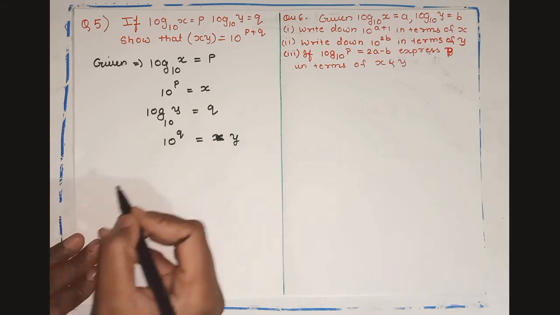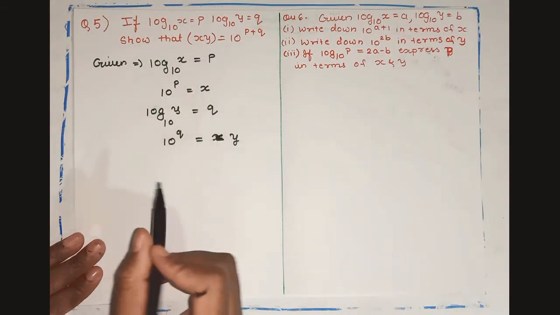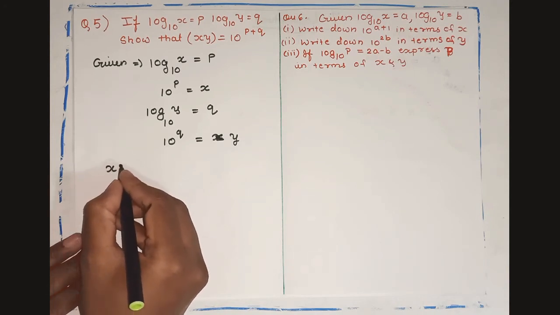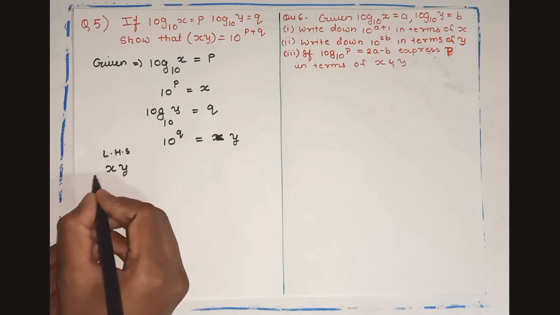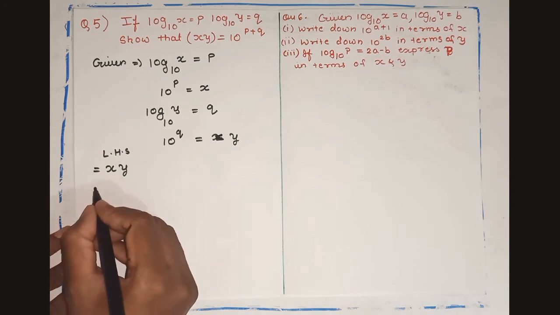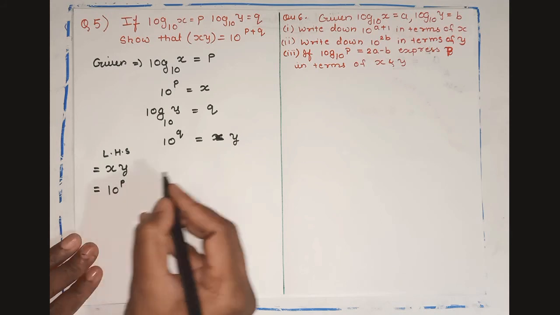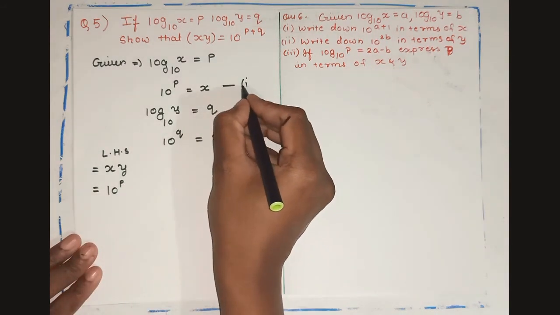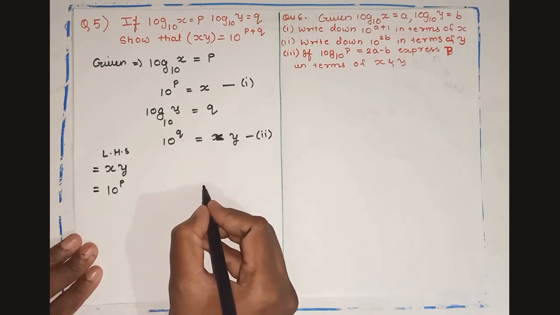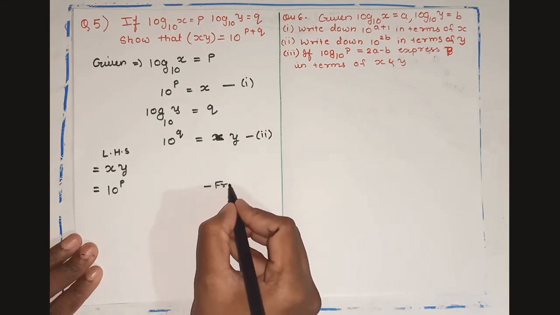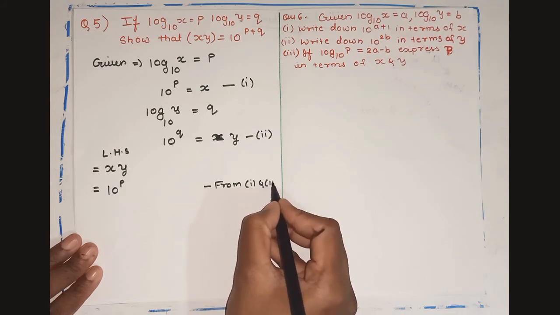Okay, now what will you be doing? You have to show that x into y. So take x into y. This is your LHS, which equals xy. Now x is what? x means 10 to the power p from 1. We are just substituting its value, from 1 and 2.